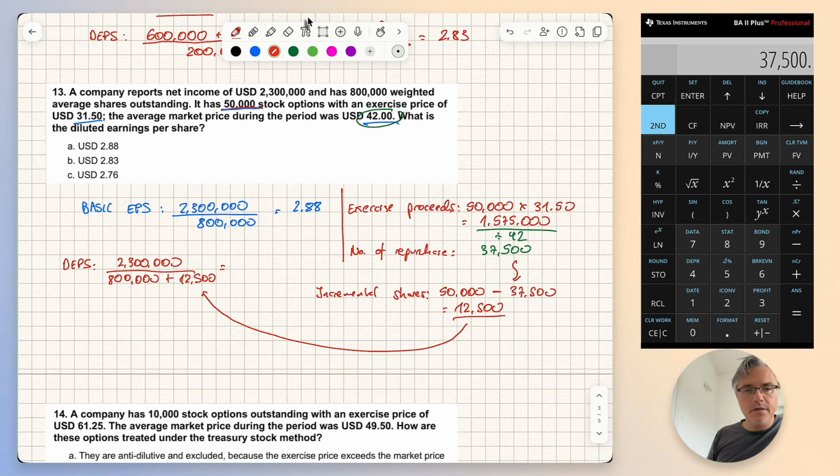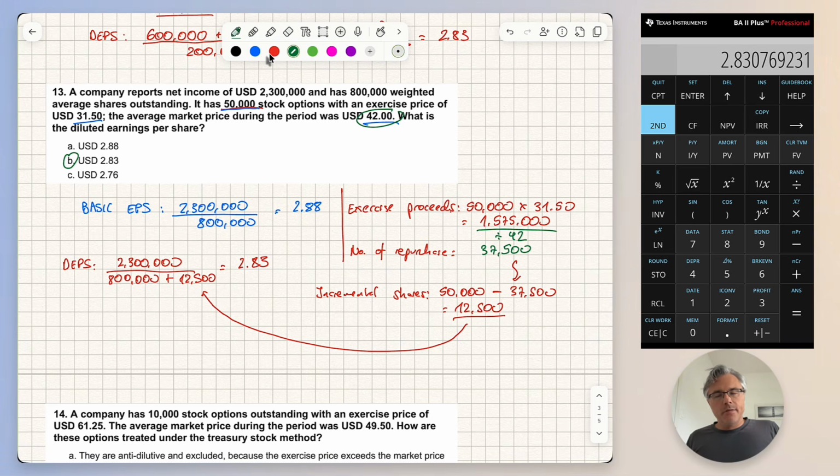We're increasing the denominator of the fraction without doing anything to the numerator, so we're going to get dilution. 2,300,000 divided by 800,000. Oh, I didn't open a bracket, sorry. 2,300,000 divided by open bracket 800,000 plus 12,500, close the bracket. 2.83, that's the answer. Bingo, answer B.